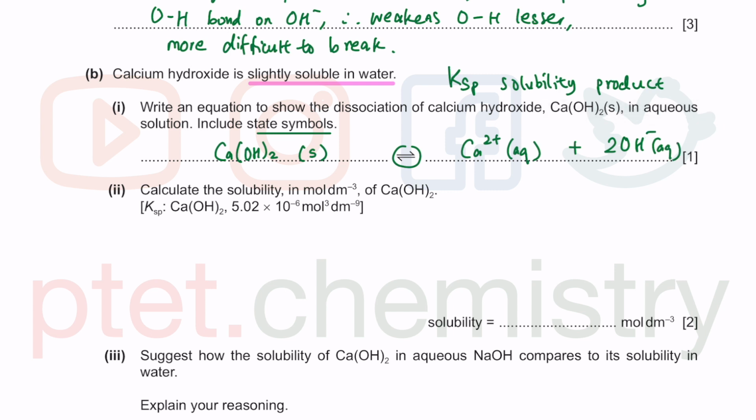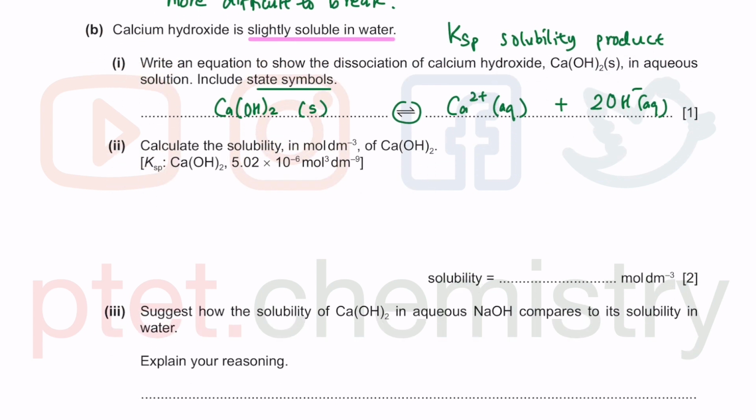Of course, we are saying that they dissociate into aqueous ions, but very little of it dissociates as there's an equilibrium. You want the solubility in mole per dm cube, so let that be X.